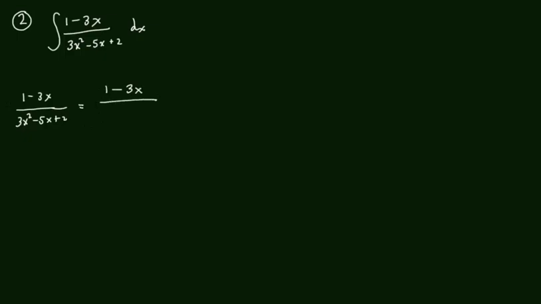And that's going to factor to be the quantity (3x - 2) times the quantity (x - 1). I surely hope that won't be the problem, factoring. So the question again becomes A over the linear factor 3x - 2 plus some number B over the linear factor x - 1. We're ready for our numerator analysis.